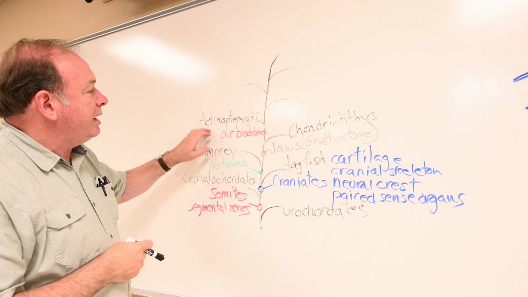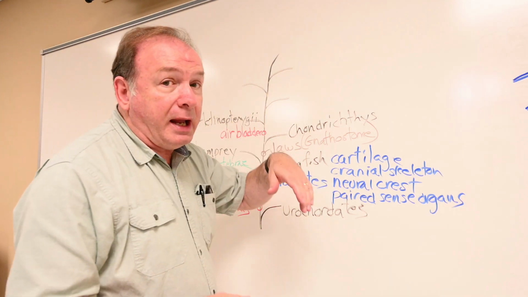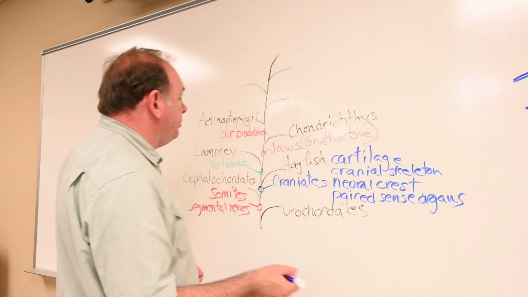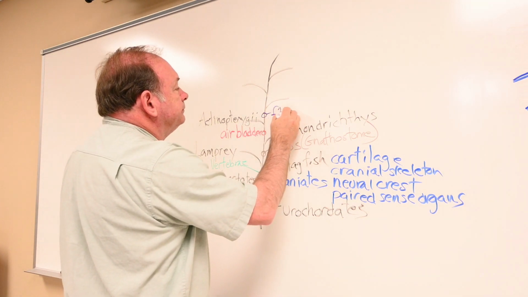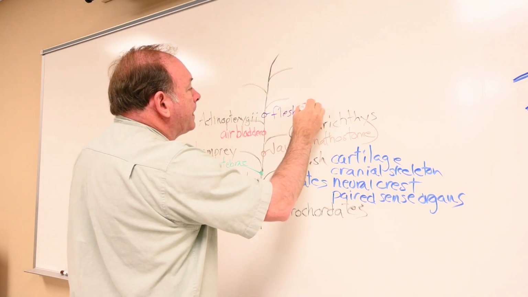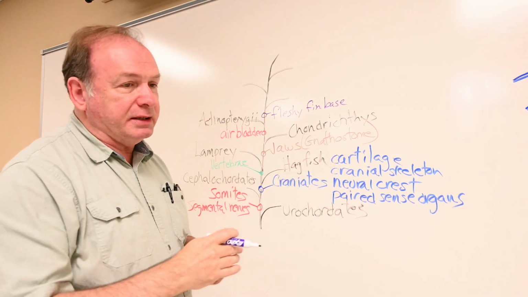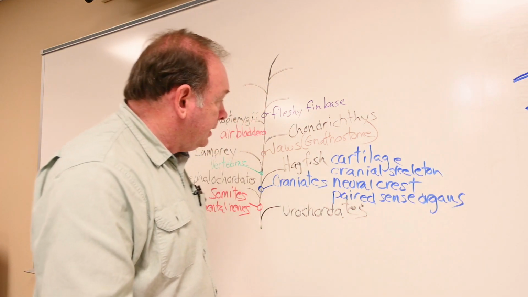Actinopterygian fishes, the ray-finned fishes. Now the next group up is going to add a fleshy fin base. Fleshy fin base. So there's a little bit of muscle that extends out into the fin to help move that fin around.